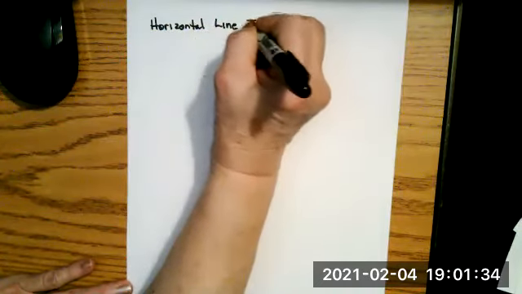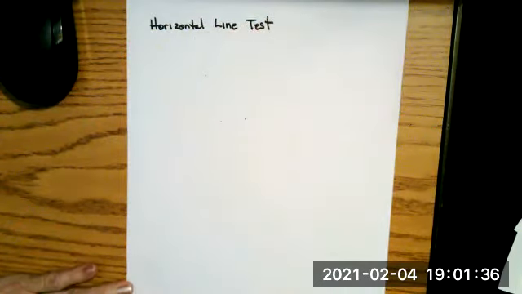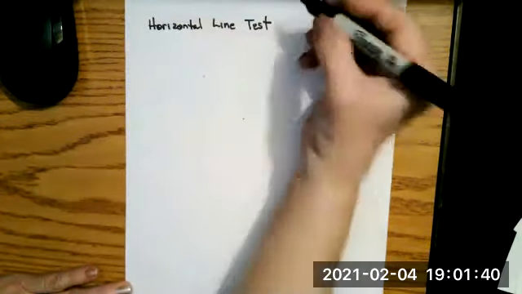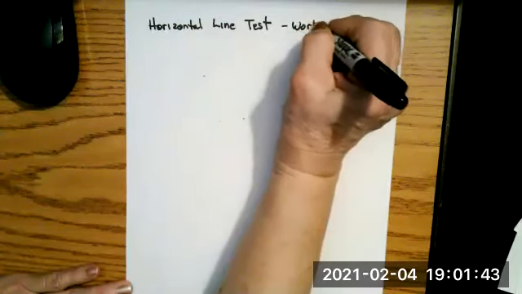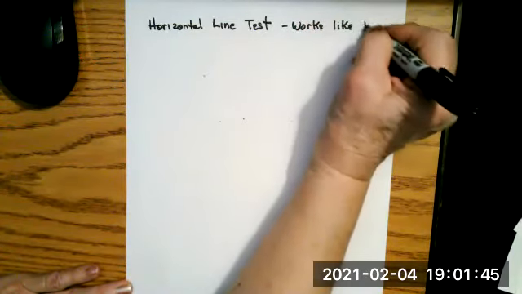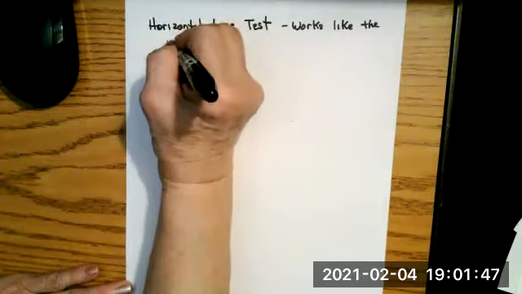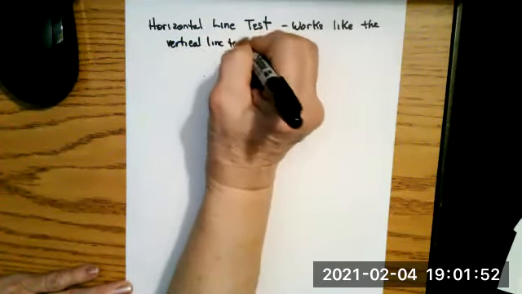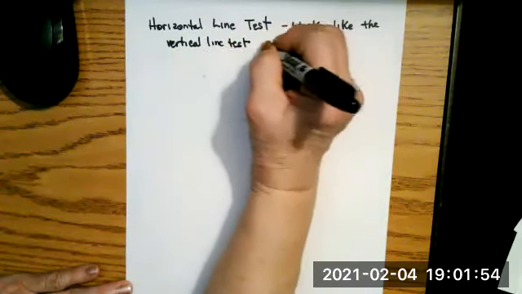All right, let's talk about one-to-oneness. There is such a thing as a horizontal line test. We had a vertical line test. Remember that vertical line test? That was to test to see if you had a function. This one works like the vertical line test, except that it's horizontal.